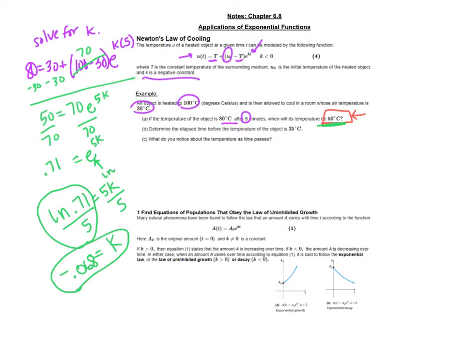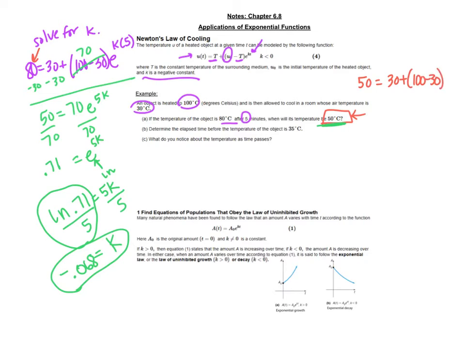So all I'm going to do is go back. I'm going to use the same exact type of solving that I just did, except instead of using my 80 here, I'm going to be using my 50. So let's set that equation up. I'm going to say 50 equals 30 plus 100 minus 30.